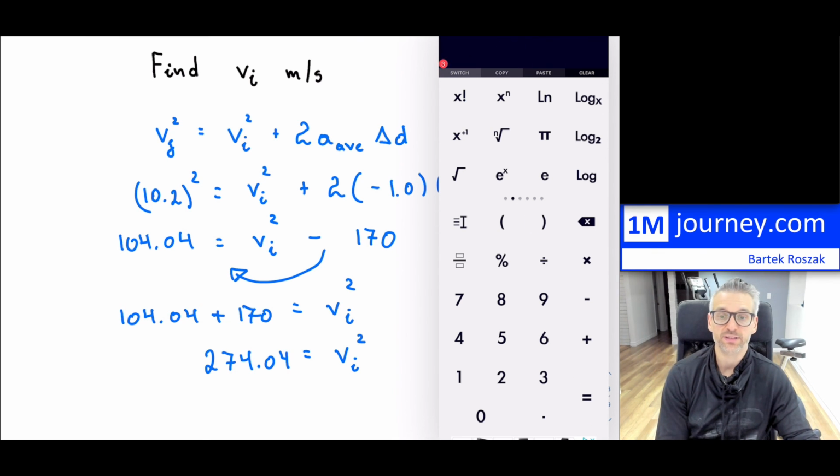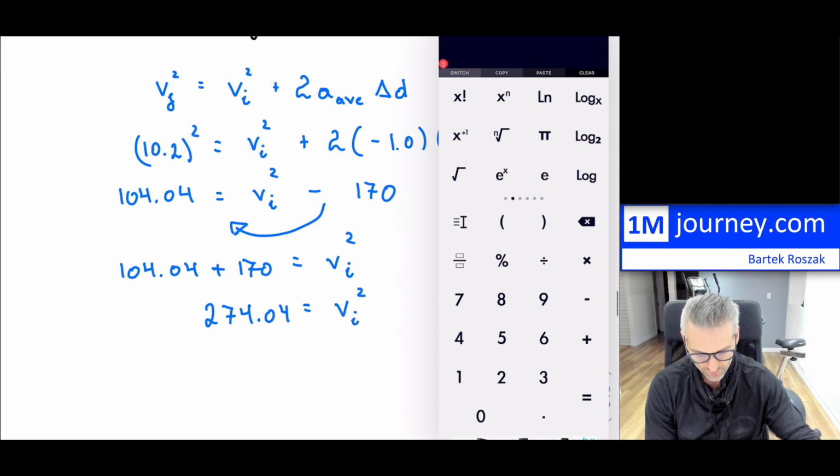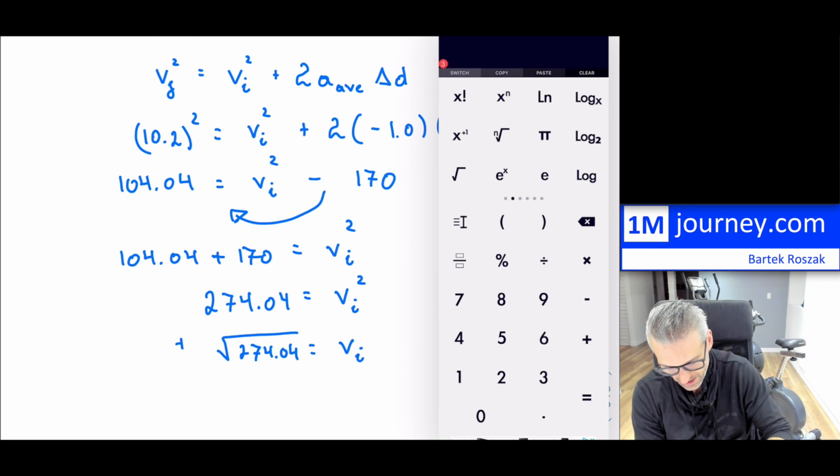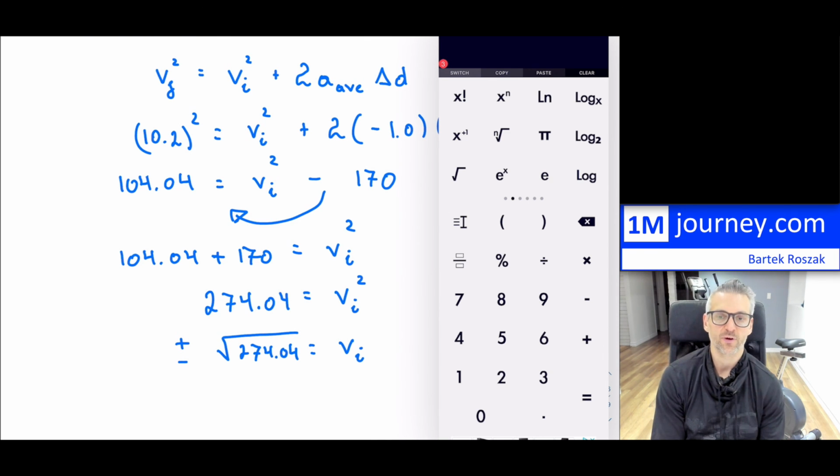And now what do you do when it's squared? Well, you're going to have to take the square root of both sides. So that means that Vi is the square root of all of this. When you're taking the square root, the answer can be either positive or negative, because when you square a negative, it still gives you a positive back.